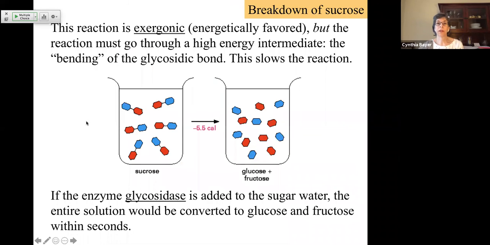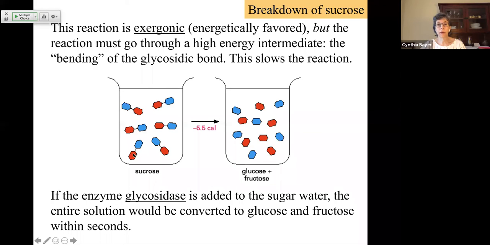A simple spontaneous reaction, exergonic, energetically favored, is the conversion of the disaccharide sucrose to its monomer components, glucose and fructose. In order for that reaction to occur, and it's spontaneous with a negative delta G of 5.5, the sucrose molecule has to go through a high energy, unstable intermediate.